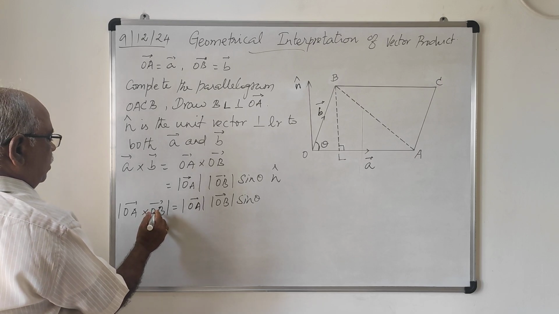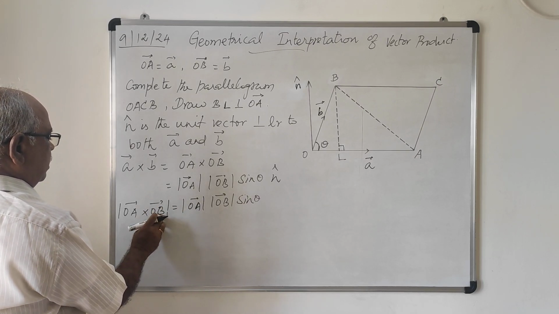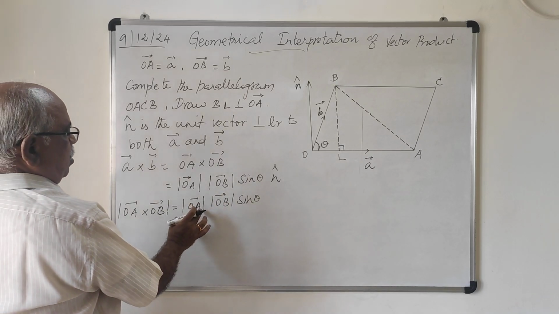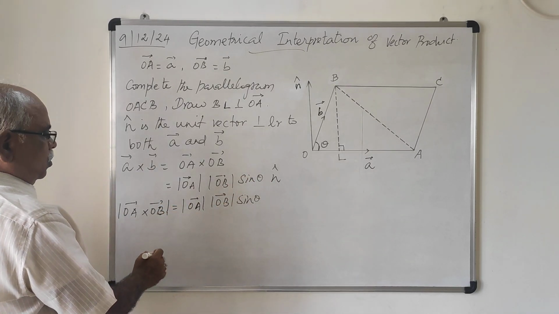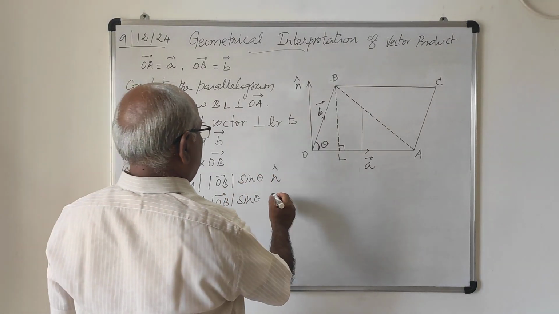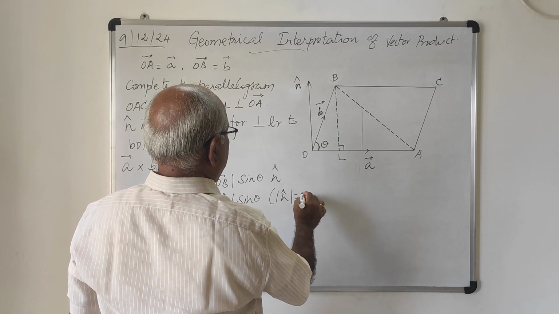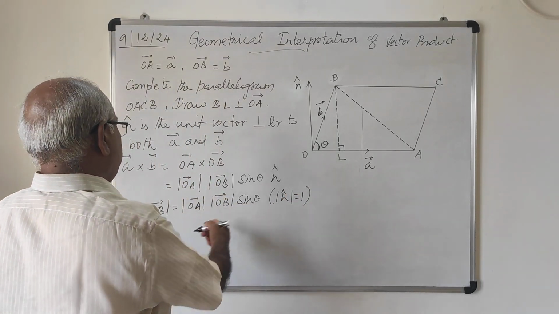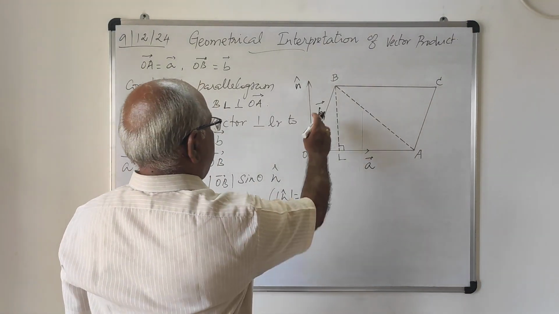So modulus of OA cross OB is just mod of OA into mod of OB into sin theta only, because modulus of n cap is 1. What is OB sin theta? Mod of OB is B, so it is B sin theta.